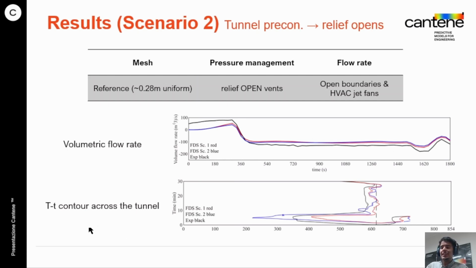Instead, the temperature contour across the tunnel lets us see that now the temperatures across the tunnel at the ceiling go further towards the north portal in the case of the new scenario.